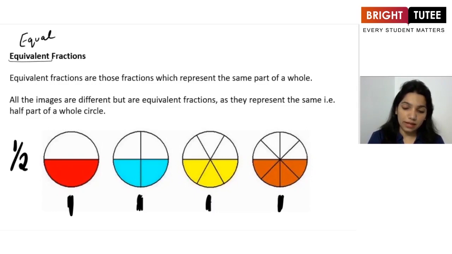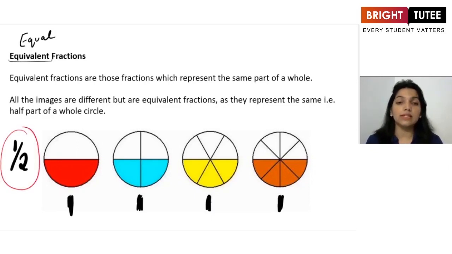Now, I'm sure you know how we write a particular fraction when it is divided into different parts. The first one is clearly divided into two parts, and out of two parts, one is shaded. So how do we write it? We write it as 1 over 2. Now look at the second one.